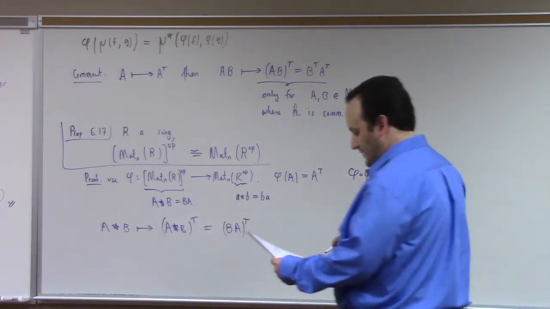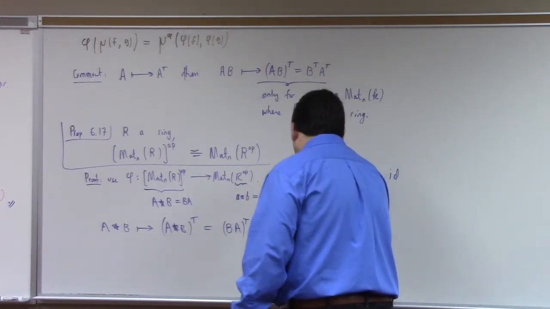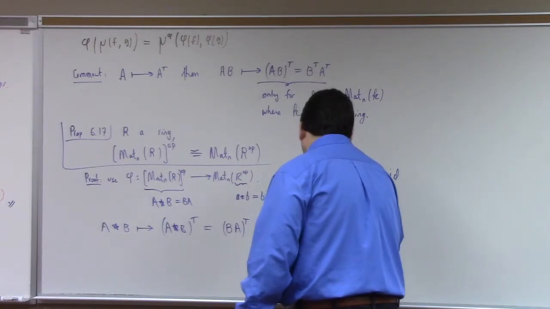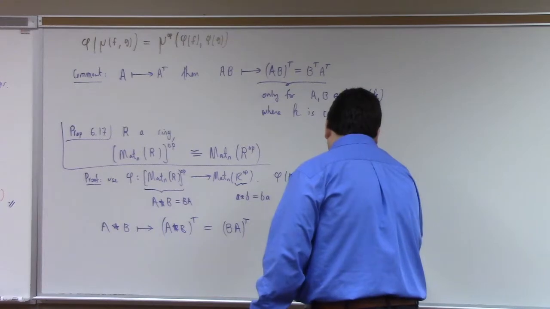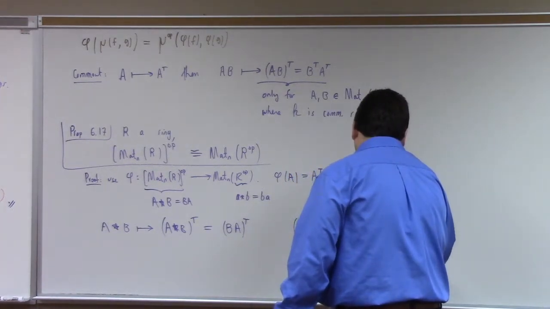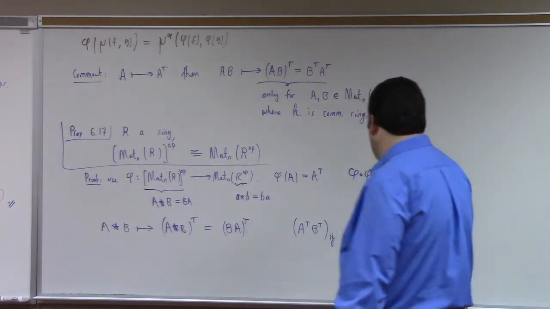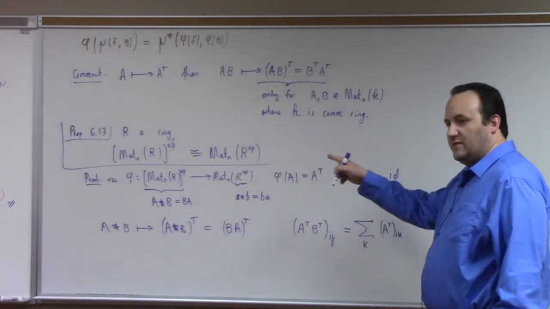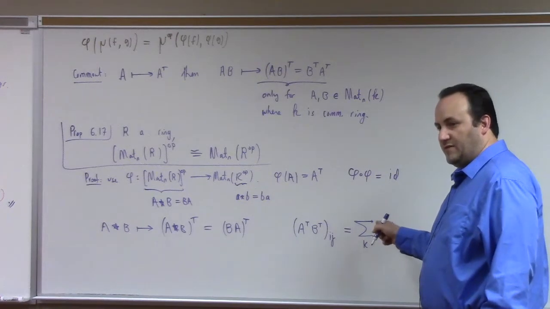So on the other hand, we could just look at A transpose, B transpose, the ijth entry, all right? Look at it directly. What would that by definition be? By definition, that would be the sum over k of A transpose ik, and then here, this is an entry in the ring, right? So when we're talking about matrix multiplication and the opposite ring, that means the matrix at the component level is done with the opposite multiplication.